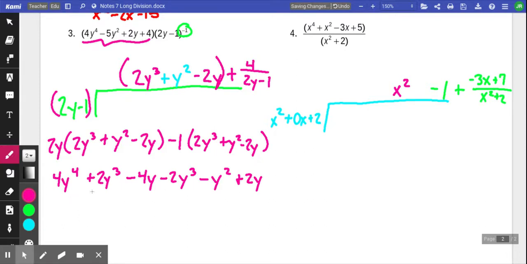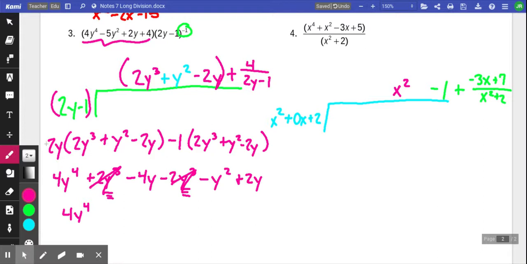Combining like terms, that'll be 4y to the fourth. Here's y to the third. Here's y to the third. Positive 2 minus 2, they actually cancel each other out. And then here's y to the second. And I messed up this video because I messed up this problem.